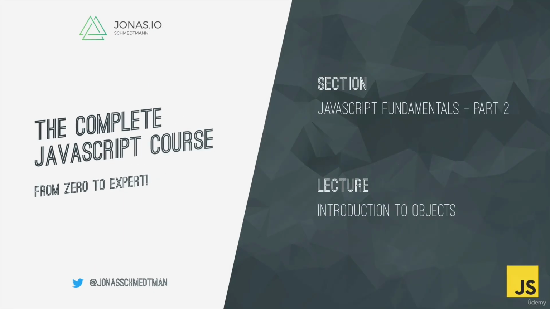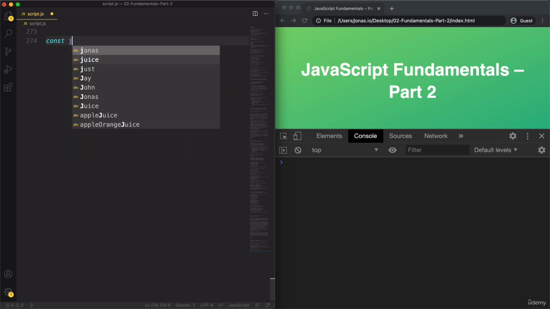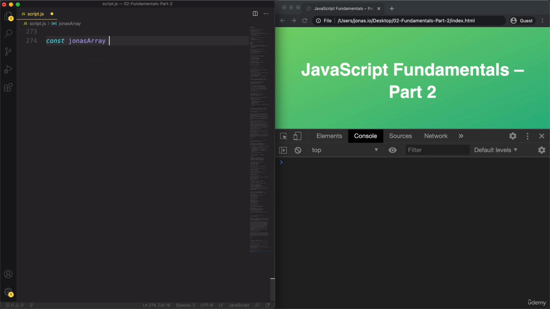So after arrays, it's now time to learn about another data structure in JavaScript, which is objects. So up until this point, we have been using arrays as a data structure to basically store multiple related values in the same variable. So let's just quickly recap that. So Jonas array, and you don't need to write this code.